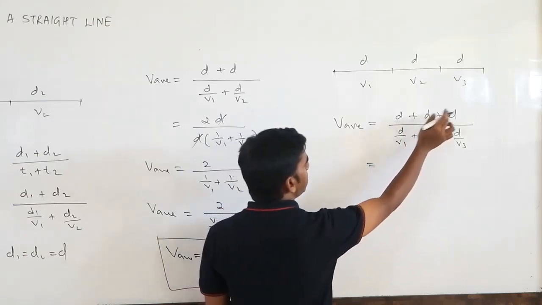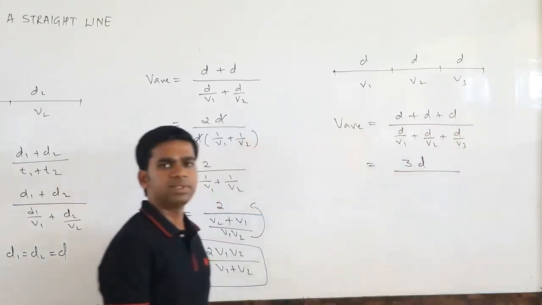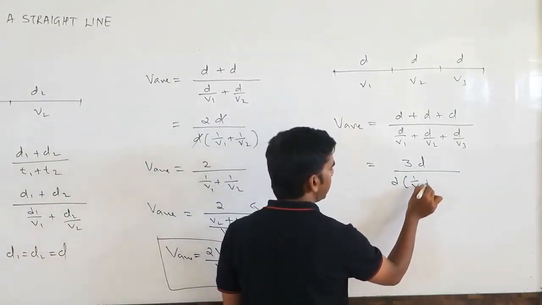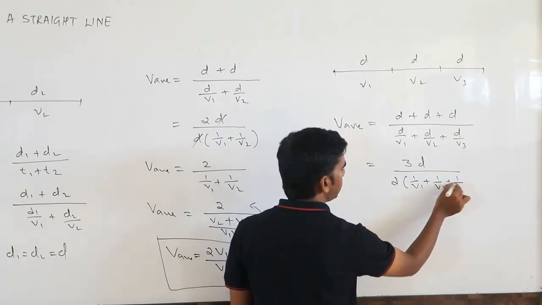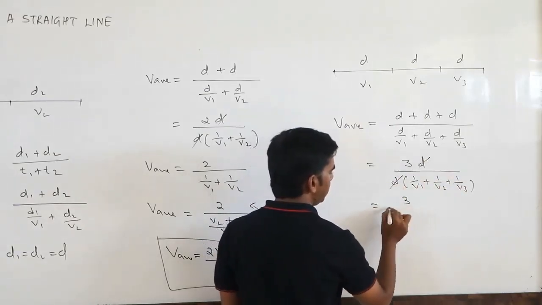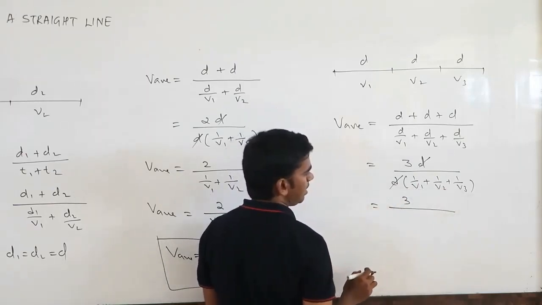So that is 3D whole divided by, take D outside commonly. So what remains? 1 by V1 plus 1 by V2 plus 1 by V3. So D will get cancelled. 3 divided by 1 by V1 plus 1 by V2 plus 1 by V3.